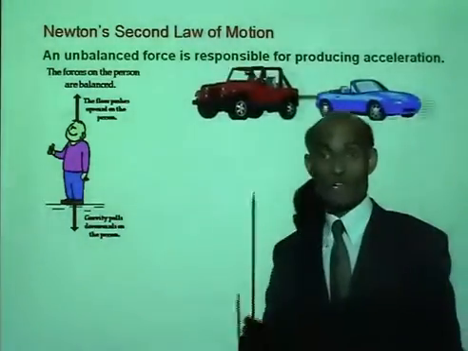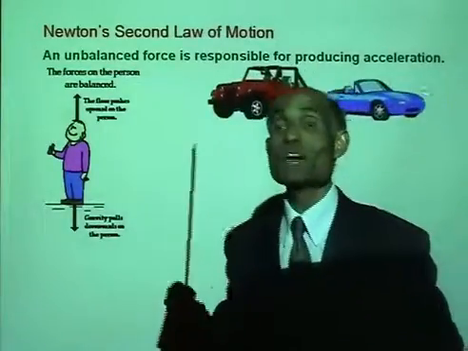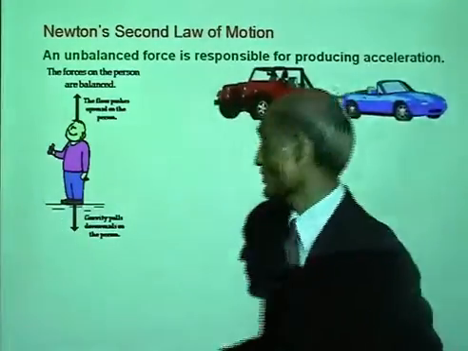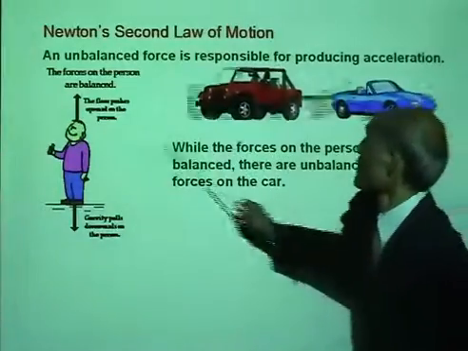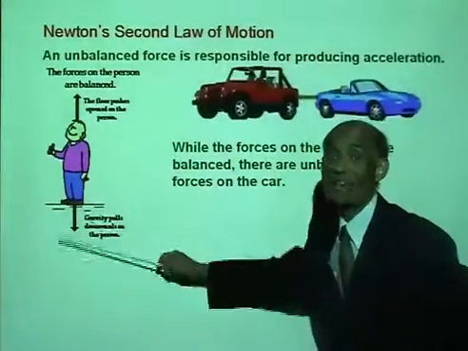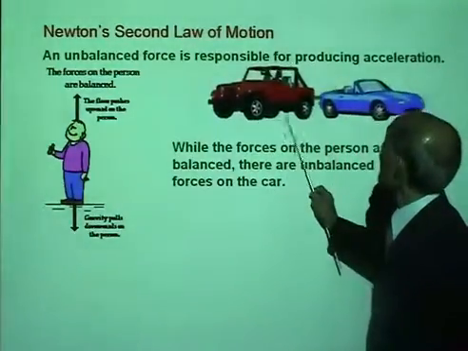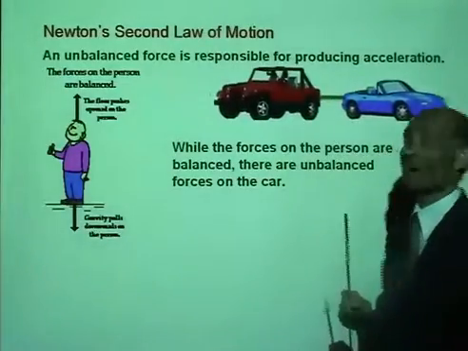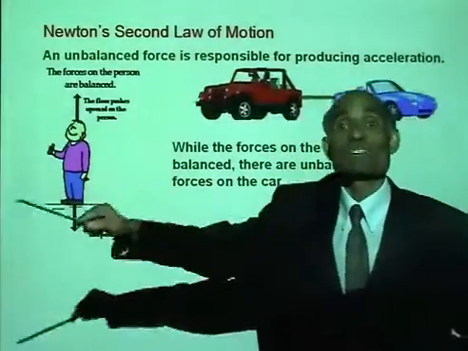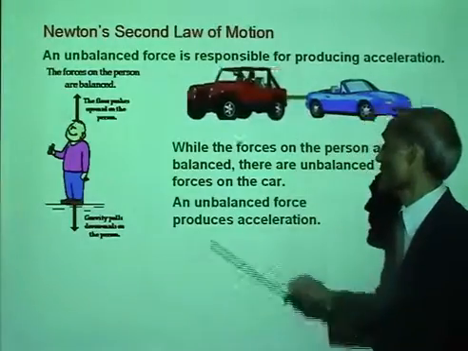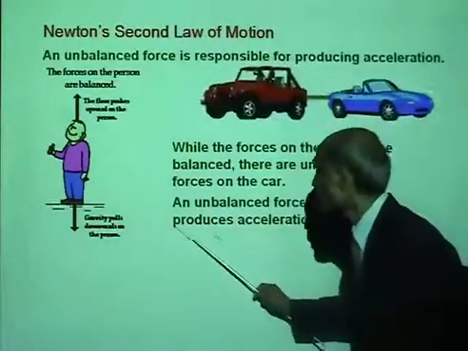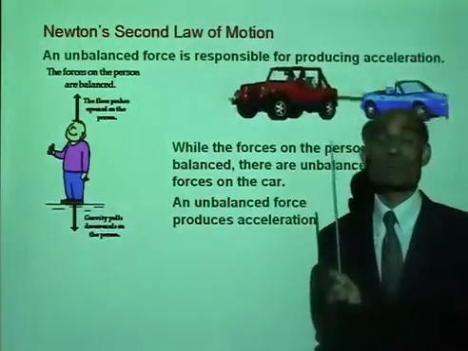You put your foot on the accelerator, you actually produce a net force. So while the forces on the person are balanced, there are unbalanced forces on the car which will accelerate the car. An unbalanced force will always produce acceleration.